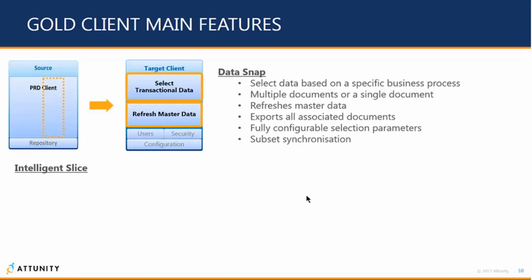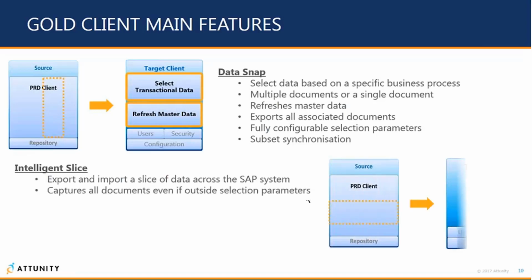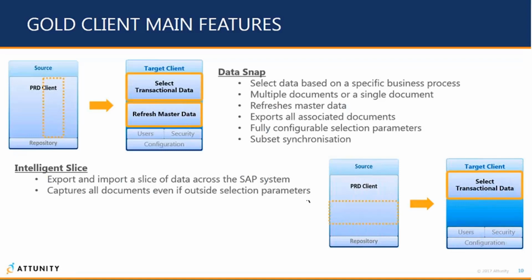Okay. The second way of moving data is an intelligent slice. This takes a slice of data across your entire SAP estate. So you might say, I want all of last quarter's data. You go into intelligent slice, you enter the start date and the end date, and Gold Client will go away and export all of the data in your SAP environment across those 2 dates.